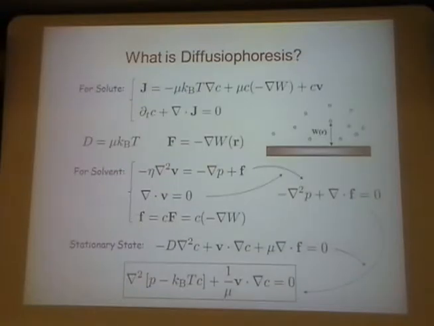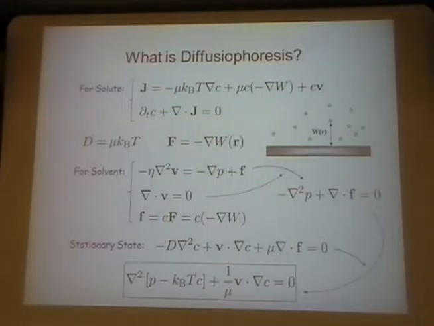Okay, so let's have a look at the equations. Now, if you have survived liquid crystal hydrodynamic equations, I think you can survive these. These are much simpler. Basically, what we have is a combination of Stokes' equation for the fluid, which describes the motion of a viscous fluid.